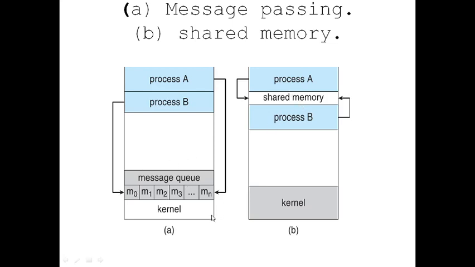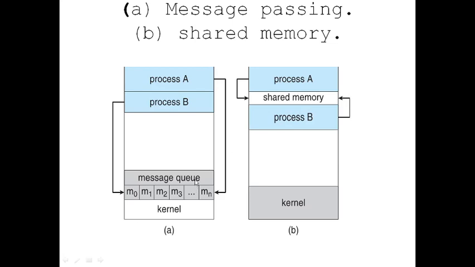You can also notice that the message queue is away from the two processes. The queue is not part of the processes, whereas shared memory is within the address space of the processes. So it will have its own impacts.